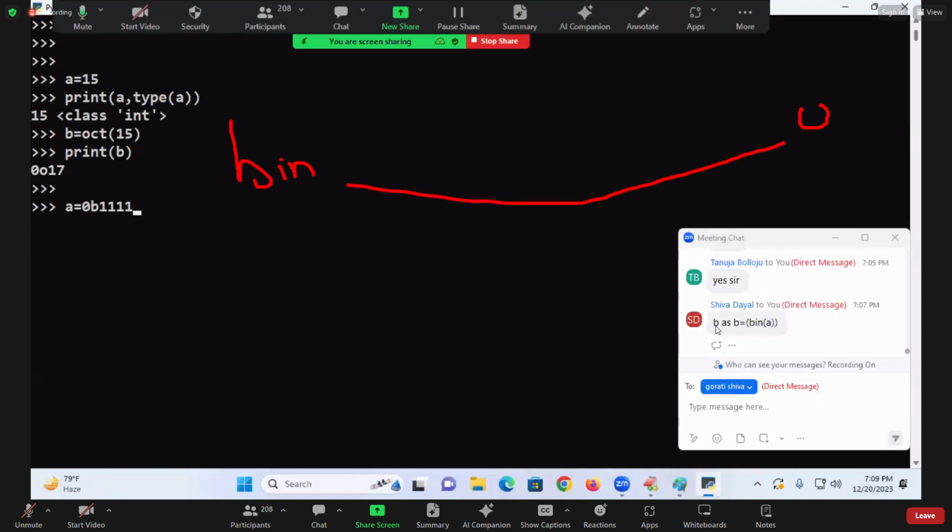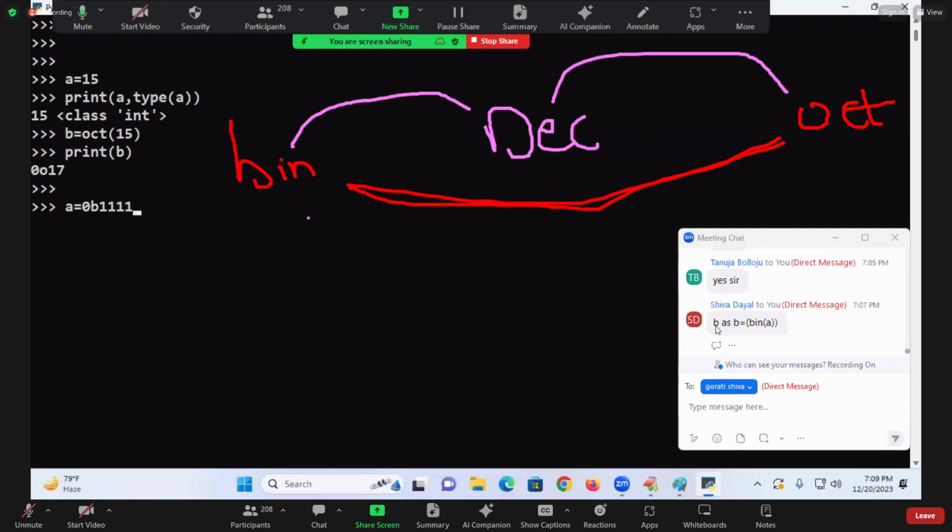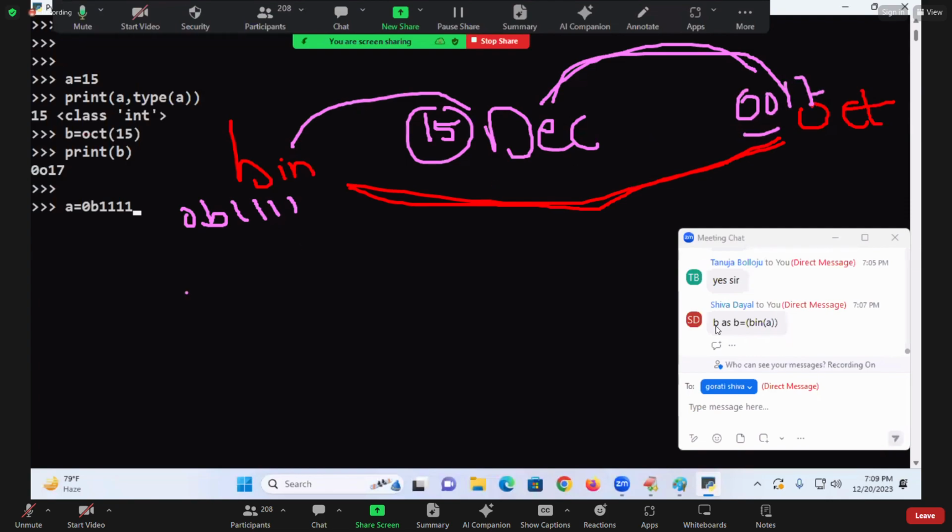Binary to octal I am going for. You may not know the mathematics, but for better understanding, you convert bin into dec, and dec into octal. 0b1111 becomes 15, and 15 into octal is already set as 0o17. For easiest understanding, I am saying that.